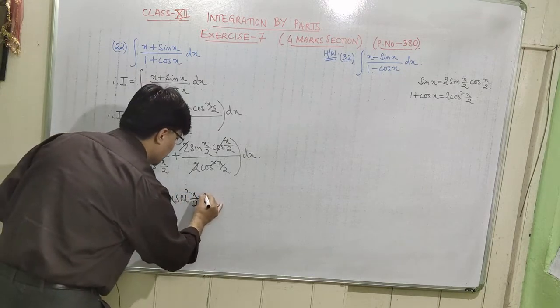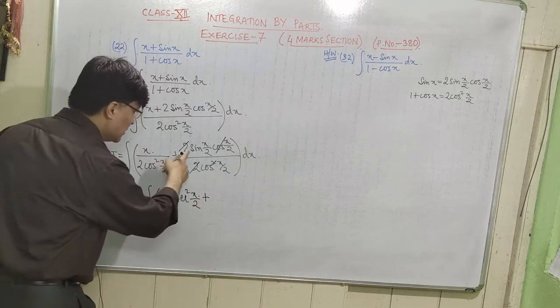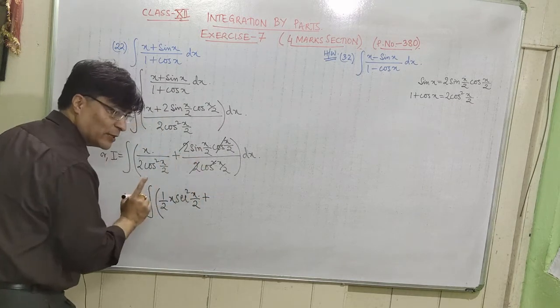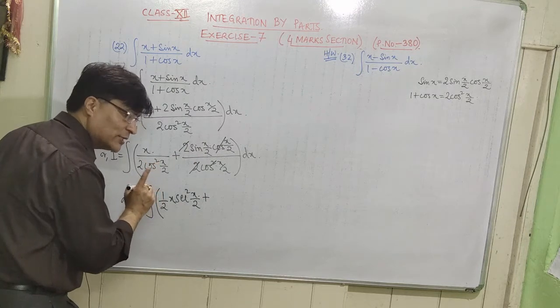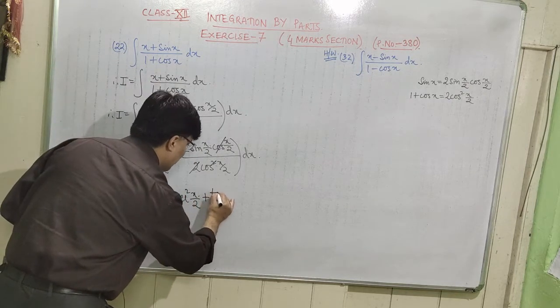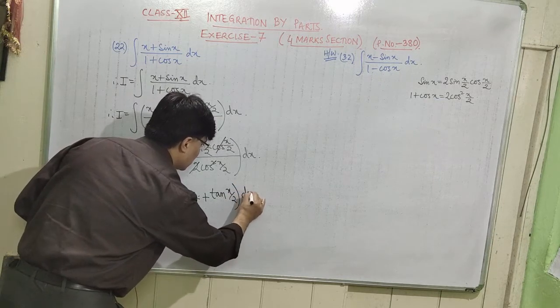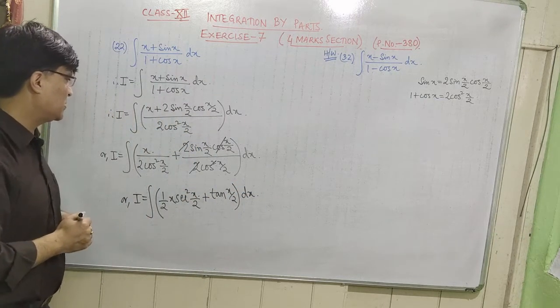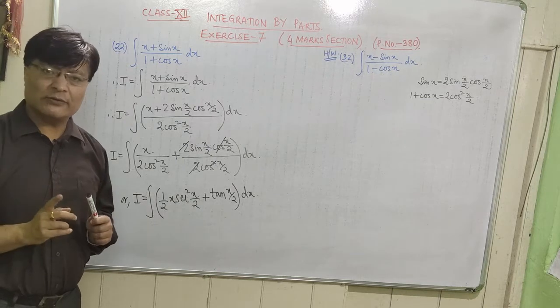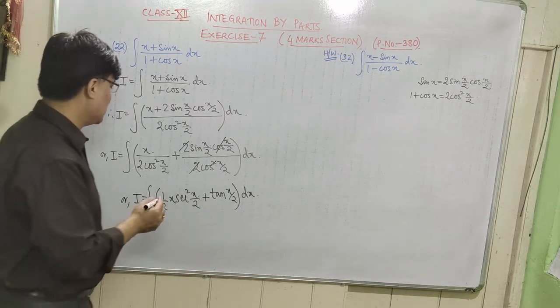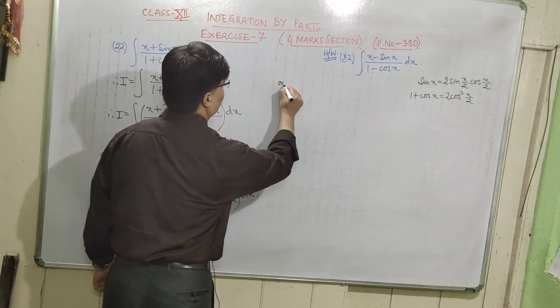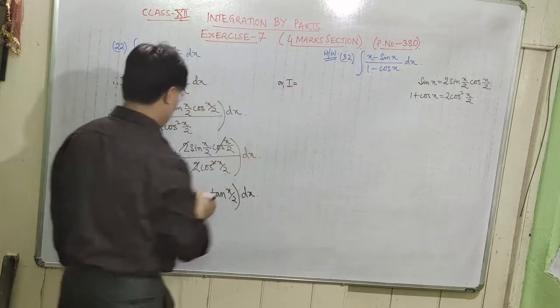Okay, plus this is sin x by 2 upon cos x by 2. Only sin x by 2 and cos x by 2 are there. So its simplification is tan x by 2, bracket closed. Then what do you write? dx. Understood now? So let us separate the term in this case.